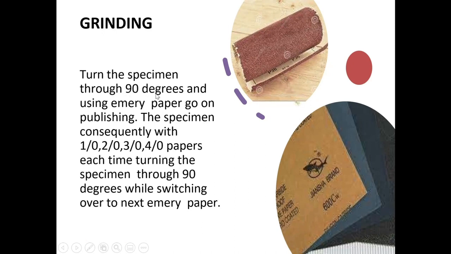Turn the specimen through 90° and using emery paper go on polishing the specimen consequently with these grade papers, that is 1, 2, 3, 4, each time turning the specimen through 90° while switching over to the next emery paper. The emery paper is having different grades, so using 4 to 5 different graded emery papers is suitable for proper grinding, moving from rough to finish, that is coarse to fine.